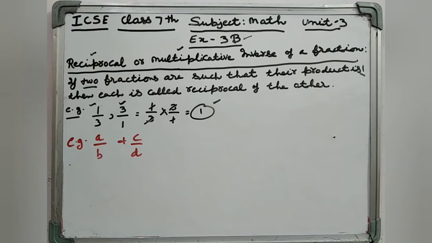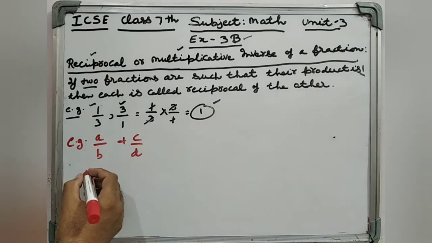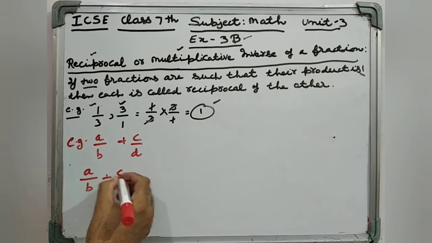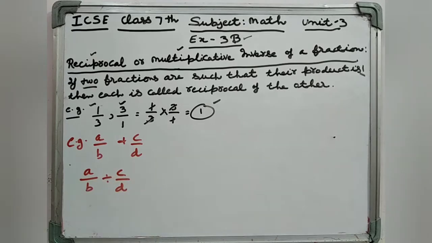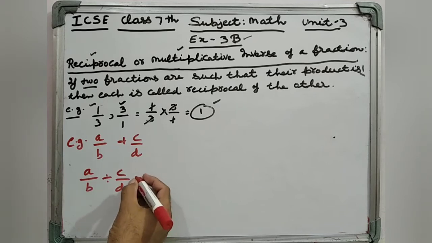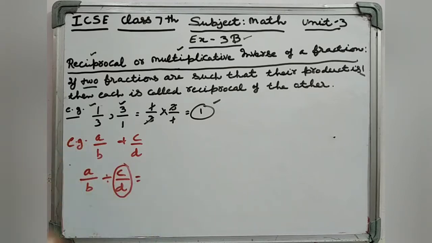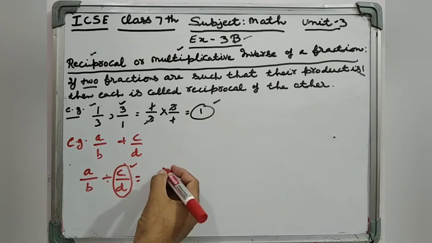If we want to divide them, we will write like this: a upon b divided by c upon d. Now if we want to do the division process, then we will take multiplicative inverse or reciprocal of the second fraction.